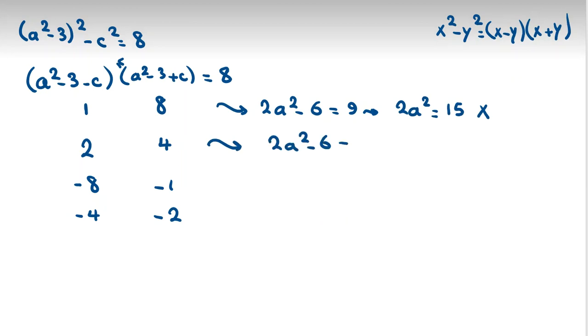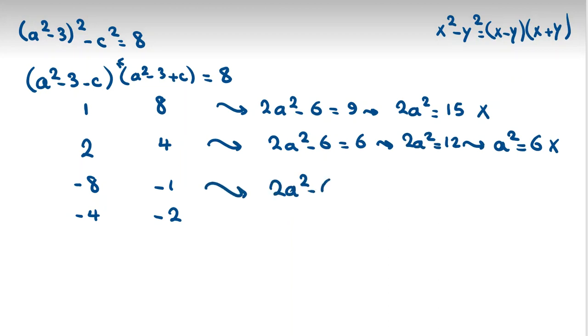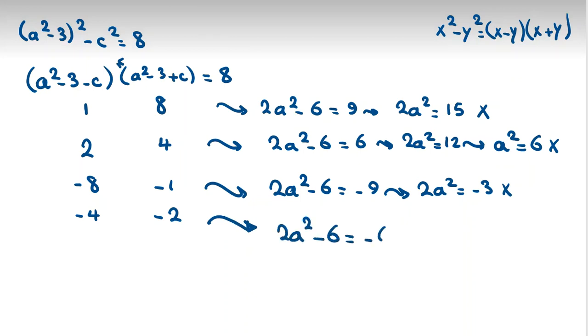If you add, 2a squared minus 6 equals 2 plus 4, 6, so 2a squared equals 12, so a squared equals 6, a contradiction. Or this one, 2a squared minus 6 equals negative 8 minus 1, negative 9. If you add 6, 2a squared equals negative 3, again a contradiction. And this part, 2a squared minus 6 equals negative 4 minus 2, negative 6. So we conclude 2a squared equals 0, so a equals 0.